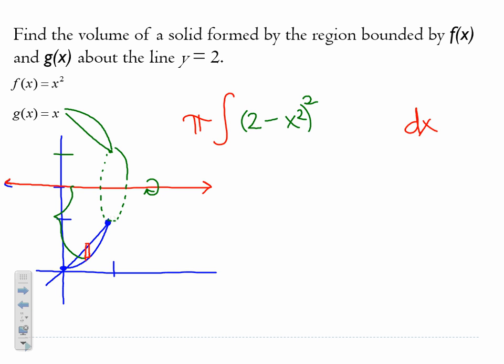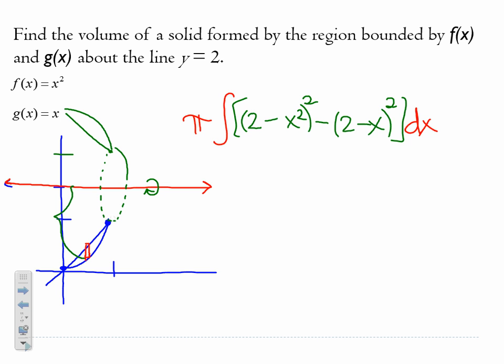Now let's talk about our inner radius. The top of our rectangles to y equals 2. What would that distance be? 2 minus x. So that's our inner radius squared. Questions?